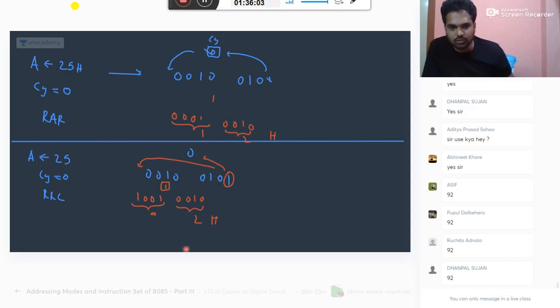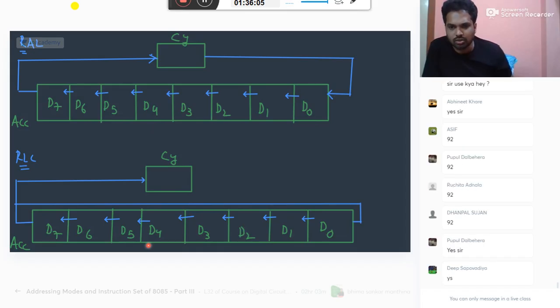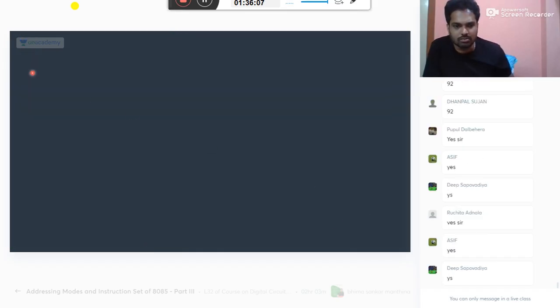This bit will come here and this bit will come here. That is 0 0 0 1 0 1 0. This comes here and this comes in the top. This is 0A hexadecimal.